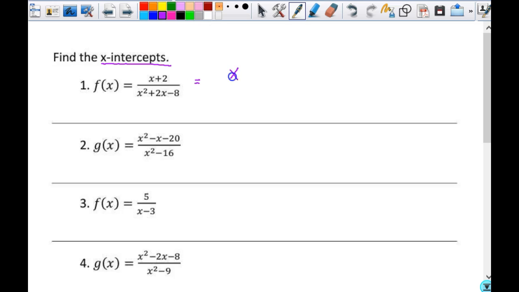So this gives me x plus 2 over, what does this reduce to? x plus 4, x minus 2. Okay. So can I reduce? No, I cannot, which means that x-intercepts, what's my x-intercept here? Negative 2.